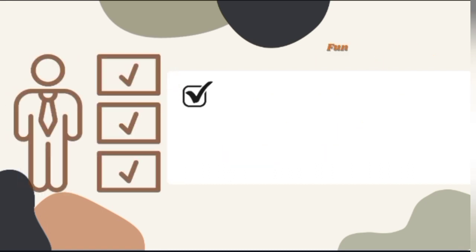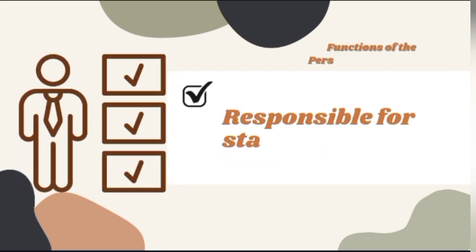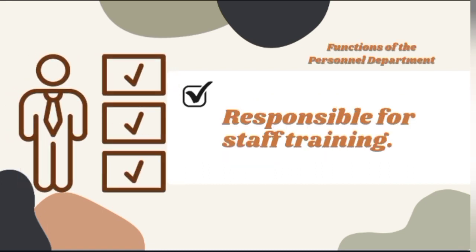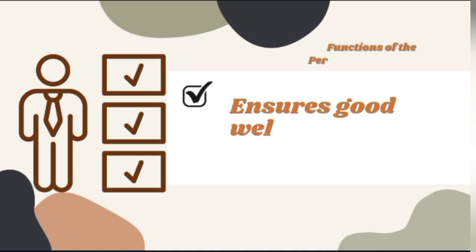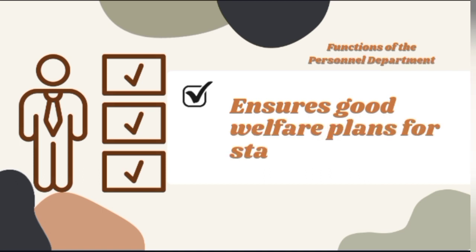They also help the organization to train their staff. They are responsible for training staff in the organization, and they ensure that staff, or members of the organization, are treated fairly. So they ensure good welfare plans for staff members.